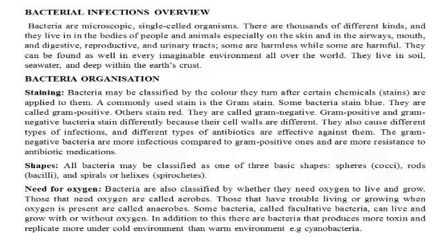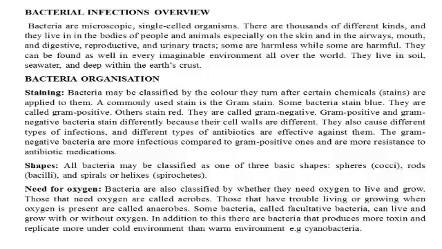Now let's talk about bacterial organization, or how they are grouped, their category. Some are categorized by staining. Bacteria may be classified by the color they turn after certain chemical stains are applied to them. A commonly used stain is the gram stain. Some bacteria stain blue, they are called gram positive. Others stain red, they are called gram negative.